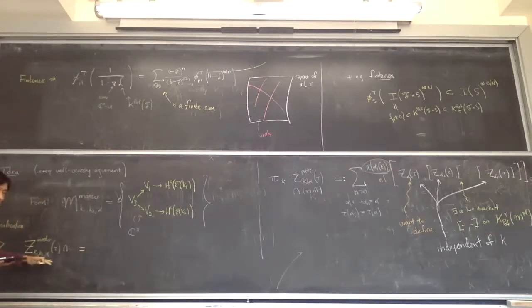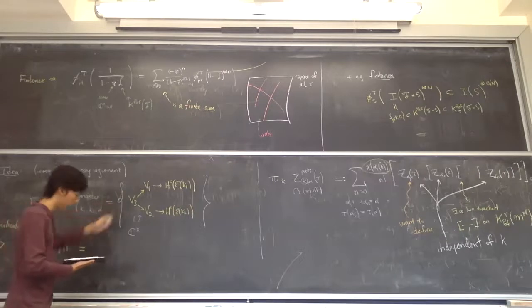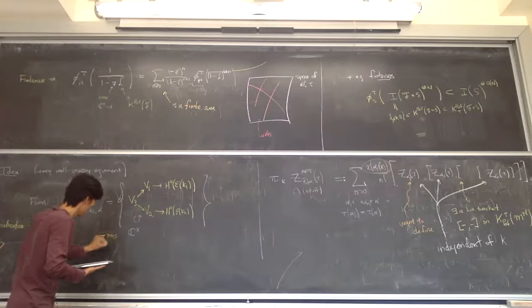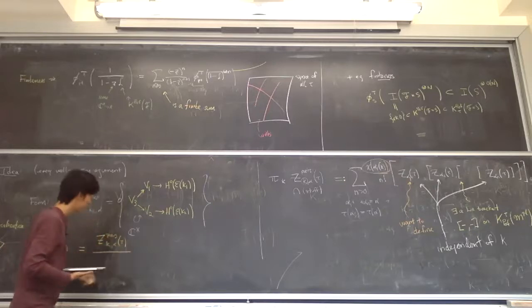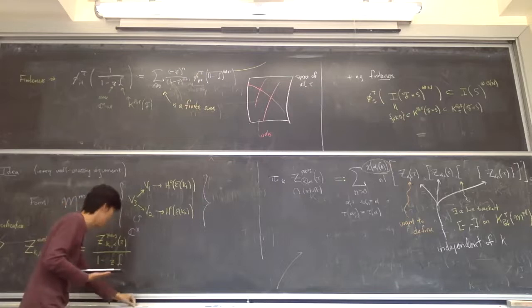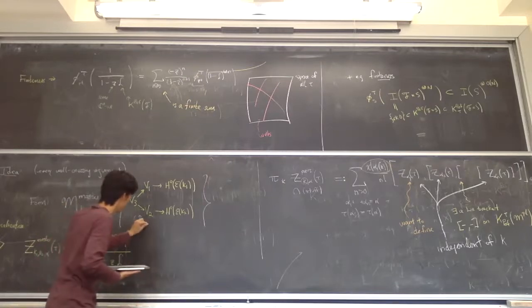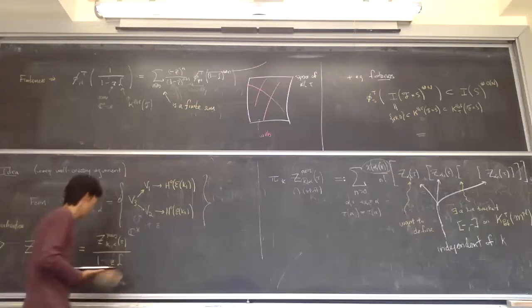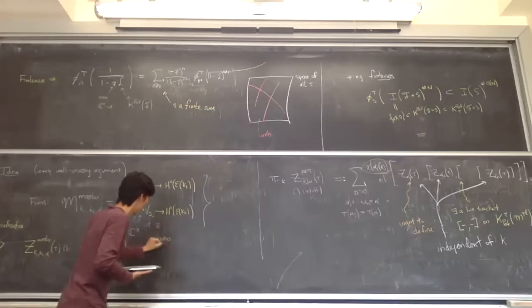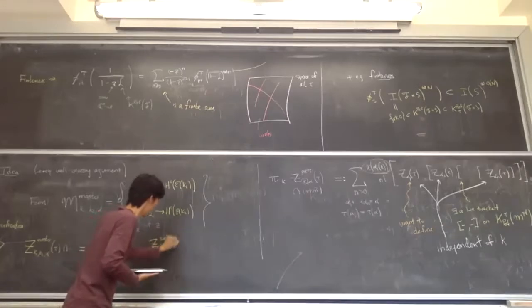Localization will say this is equal to some contribution from pairs for K1. So Z pairs K1 alpha tau. And then there will be some kind of denominator from localization, which will look something like 1 minus zL. So the weight of this C star, we'll call z. And then you'll have another term, which is Z pairs K2 alpha tau.